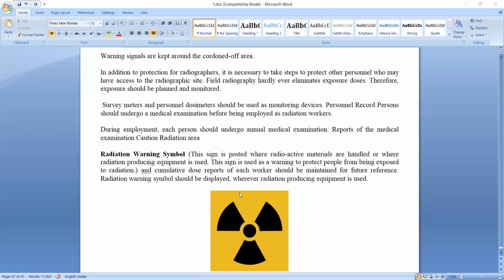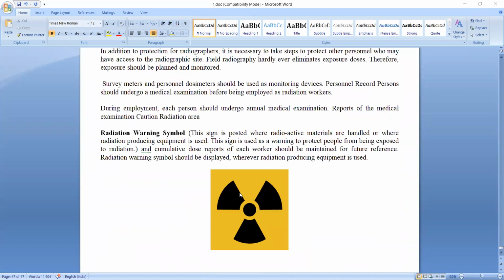Here we use the X-ray radiation warning symbol in the area of testing. This is the warning symbol for radiation. Wherever you see this symbol, it indicates a radiation zone.